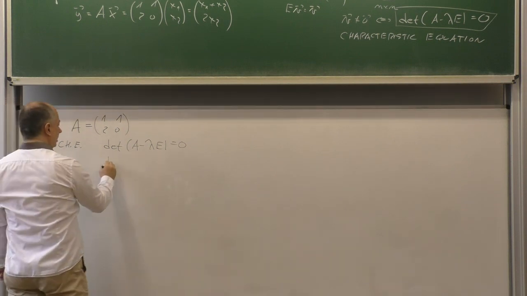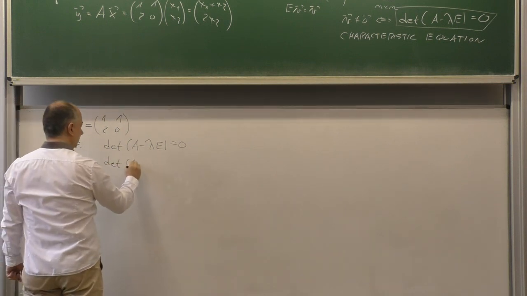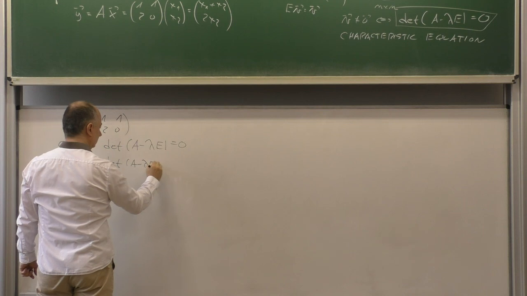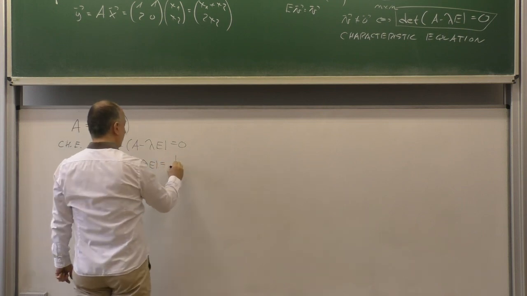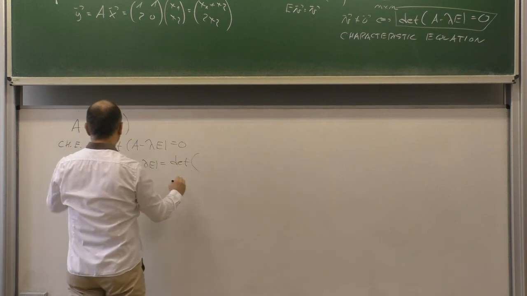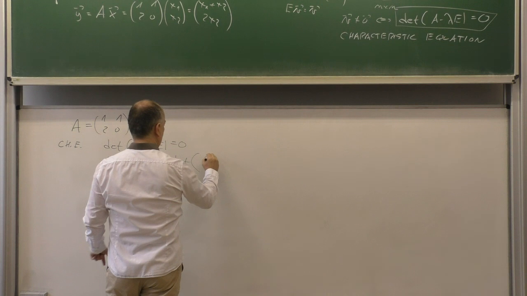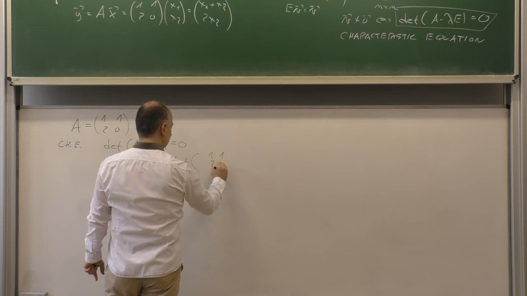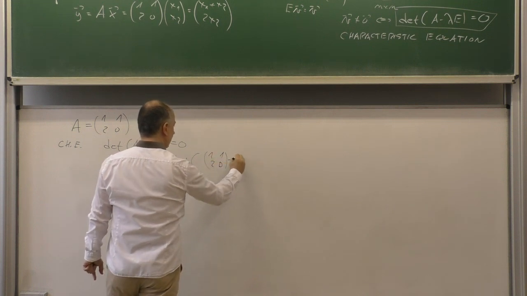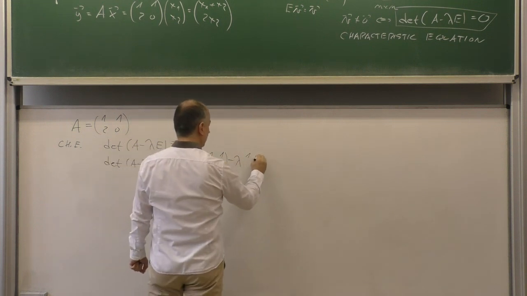So first let's compute this determinant, A minus lambda E. So this is the determinant of A, which is 1, 1, 2, 0, minus lambda times E, which is 1, 0, 0, 1.